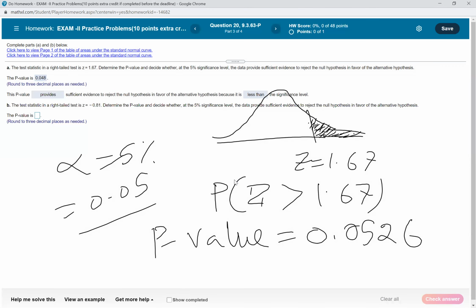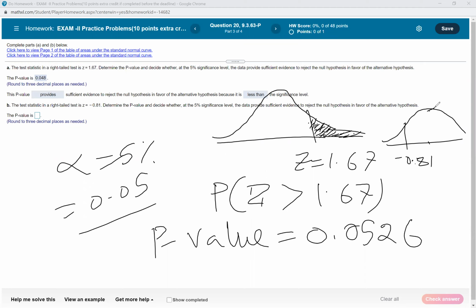Yeah, that's correct. So the test statistic in a right tail test is z equals negative 0.81. Similarly, you have to find the p-value. So look at the table. Okay, this is also a right tail test, right?